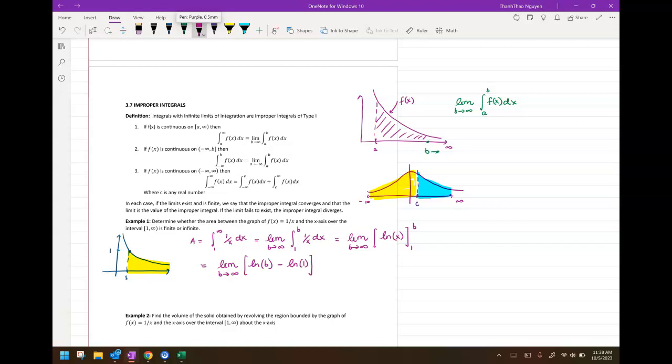Well, ln of 1 equals 0. So then we have the limit as b approaches infinity of ln of b, and this is infinity. So the area between the graph of f of x equals 1 over x and the x-axis over the interval of 1 to infinity is infinite.